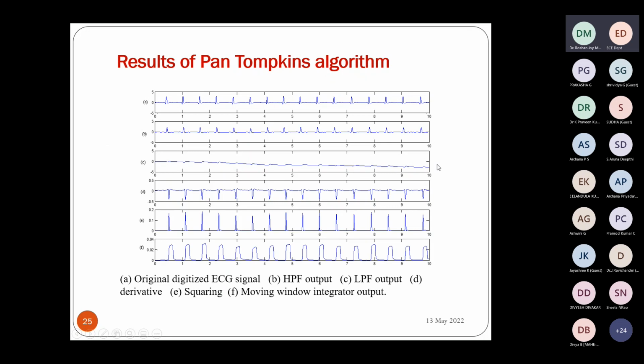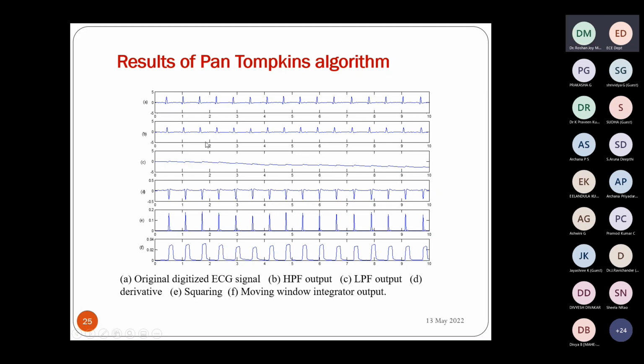This is how the results look. The first signal we are seeing is the original ECG signal. Then we are passing it through a high pass filter, low pass filter. Then we are computing the derivative. Then we are squaring, and finally moving window integration. You can just refer to this figure. The first row is the original signal.